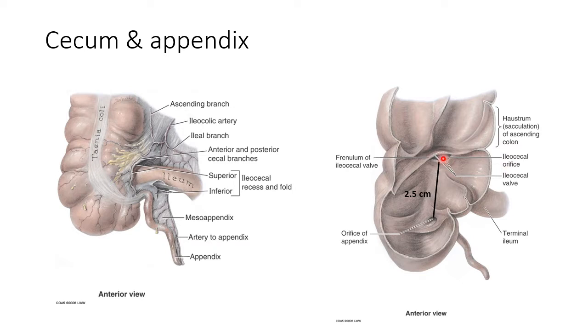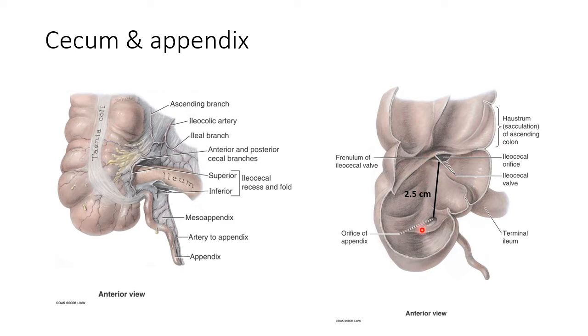So that's the orifice of the ileum, where it opens into the cecum. It has a valve, like a mucosal fold that looks like a valve that prevents materials from going back into the ileum, and this valve is called the ileocecal valve. It has the frenulum, which is the fold of mucosa guarding that valve.